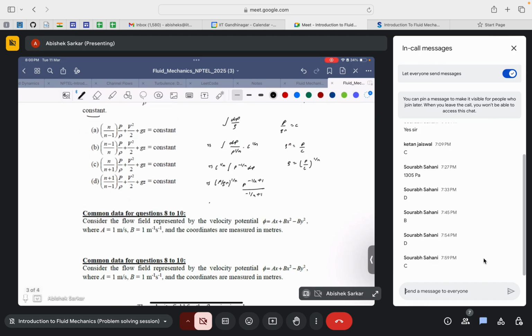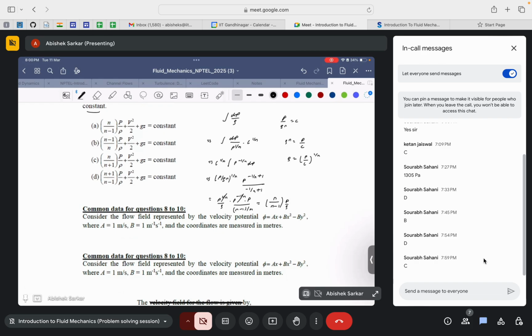So it would be again P to the power 1 by n divided by rho, because rho to the power n to the power 1 by n would be just rho, then dot P to the power minus 1 by n plus 1, divided by n minus 1 by n. So these two will get cancelled out, and we are left with n by n minus 1 times P by rho. So the correct option would be A.